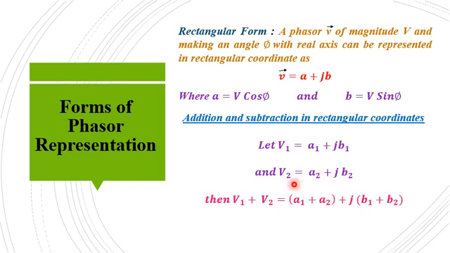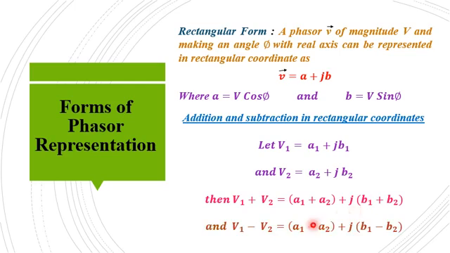Then the sum of these two phasors, that is V1 plus V2, is equal to (A1 plus A2) plus j(B1 plus B2). A1 and A2 are the real parts, and B1 and B2 are the imaginary parts. So if we need to add two phasors, add the corresponding real parts as well as add the corresponding imaginary parts.